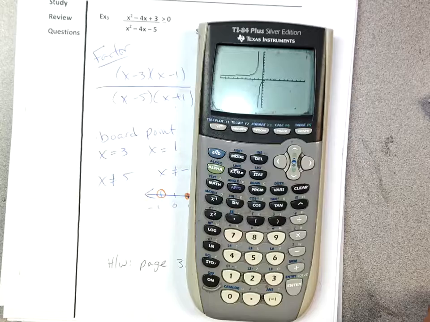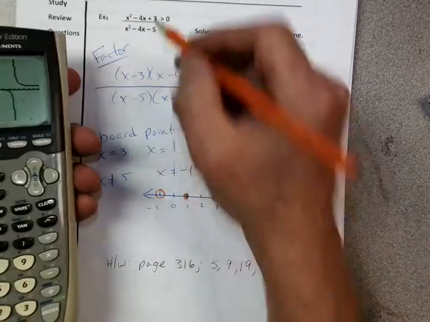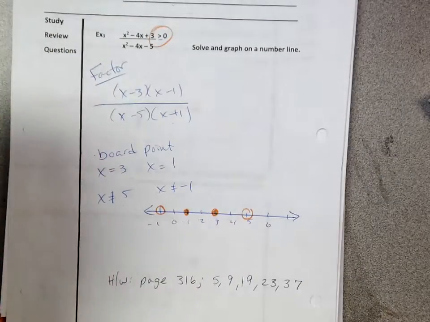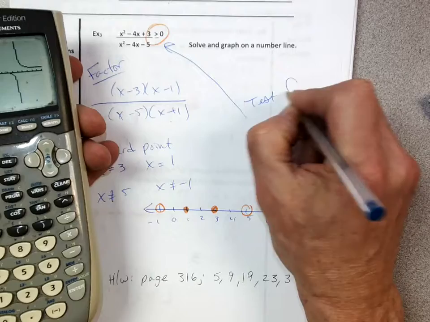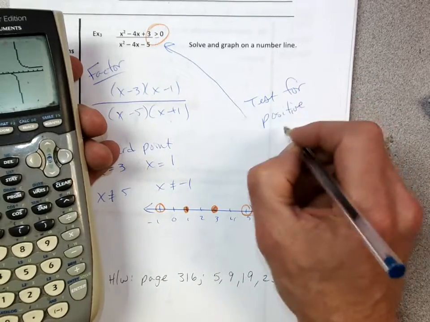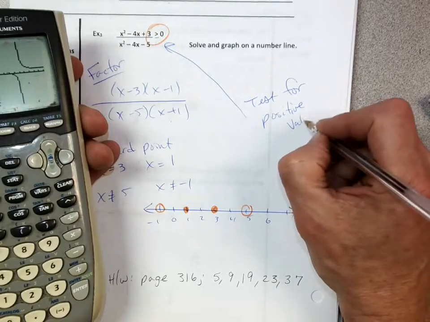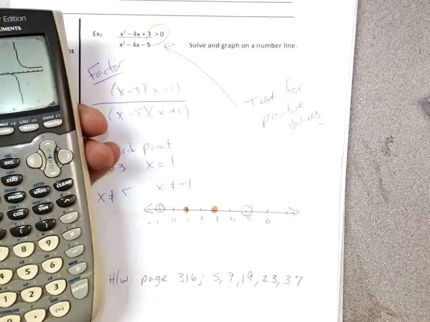You can kind of see where they are. Yeah. So what we're looking for, since it says greater than, we're going to test for positive values, right? Because if we want this expression to be greater than 0, anything greater than 0 is positive numbers, right?